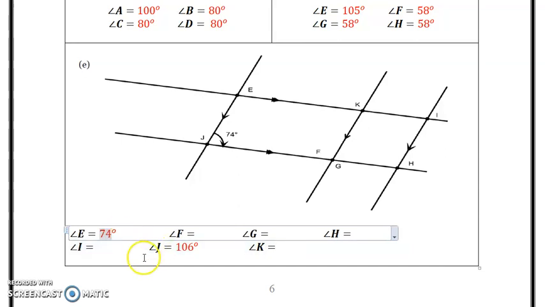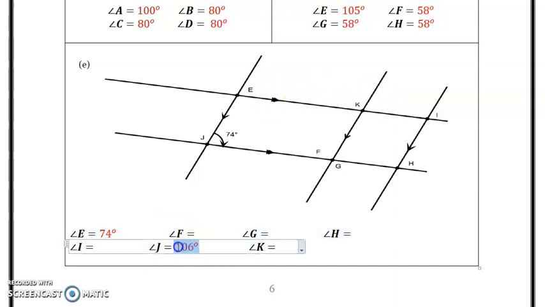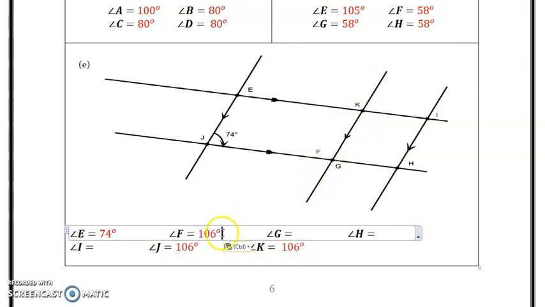So just using these properties all along. E and K would be called co-interior angles. They would add up to 180. So that tells you that K is also 106. And now we have F. F and K are corresponding angles, so F would be 106.